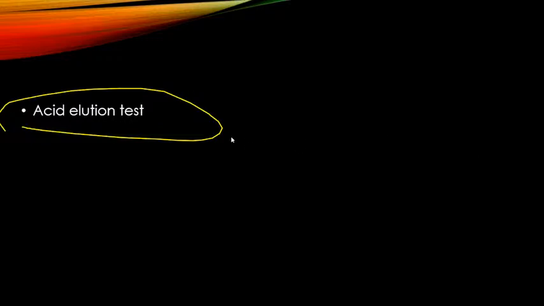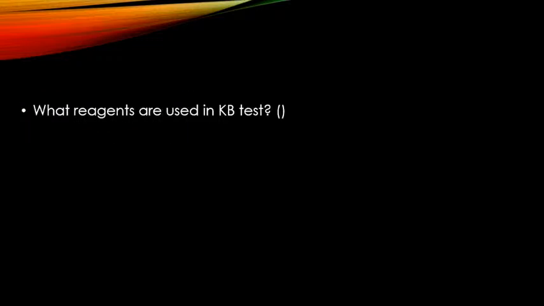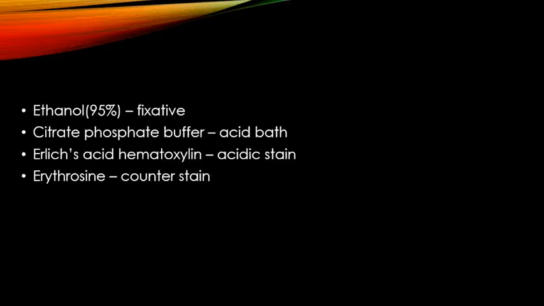Sometimes they may refer to it as acid elution test, but obviously this is Kleihauer-Betke. Now, you're going to need four reagents. Ethanol, which is 95% ethanol, is your fixative. The acid bath is going to be your citrate phosphate buffer.